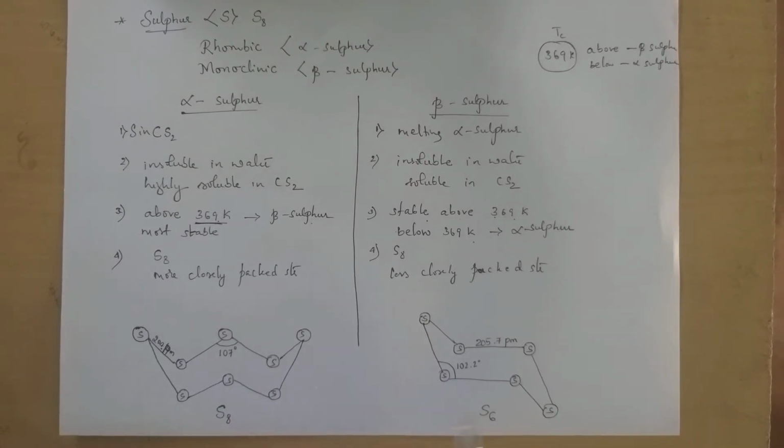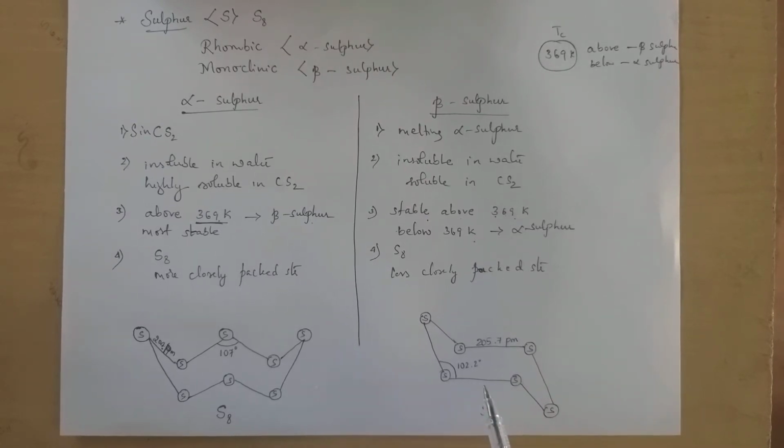This is a crown form, this is a chair form. Here the bond length is 205.7 pm, whereas bond angle is 102.2 degree. Clear? So these two are the puckered structures which exist in crown form as well as in chair form, okay na.